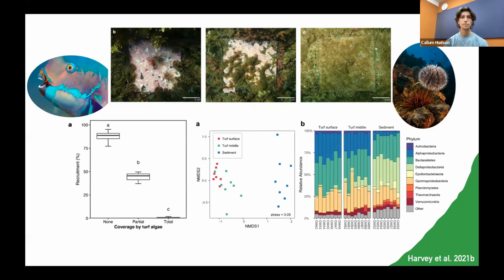So for example, macroalgal recruitment is reduced with greater turf cover due to physical inhibition, but also the way that these turfs trap sediment and then also change the bacterial community structure within and below the turf, creating this anoxic layer, which is harmful for new macroalgal or coral recruits. The turf are also boosted in their growth and production under high CO2, and a loss of herbivores and grazing pressure can also help to promote their dominance.